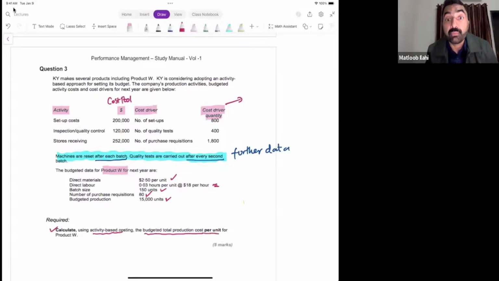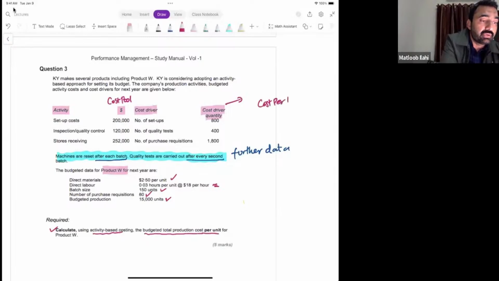What you have to do: budgeted total production cost per unit for product W. I can give you 3 minutes for a quick reading of the question, and after that I will solve it for you. By the way, in these minutes you can do one calculation, that is cost per driver.